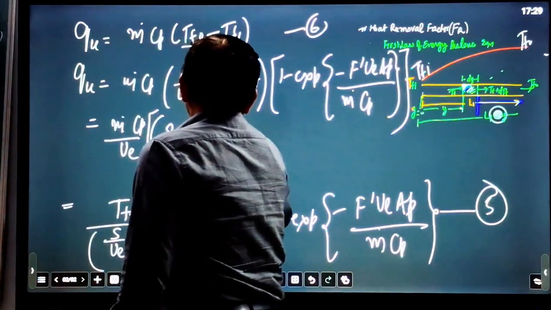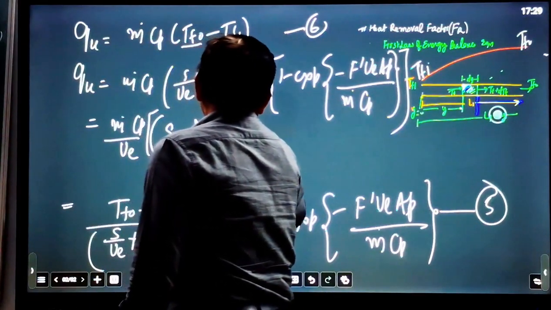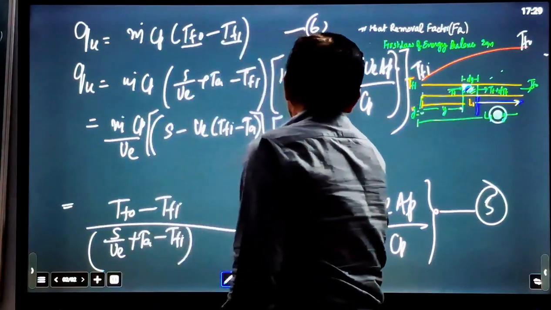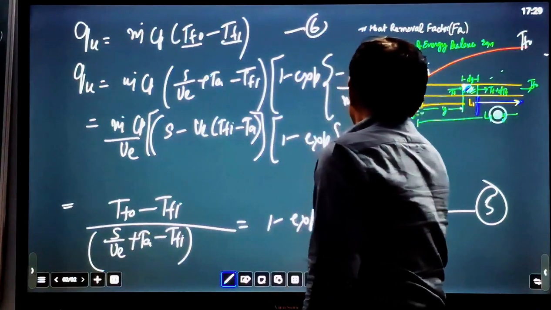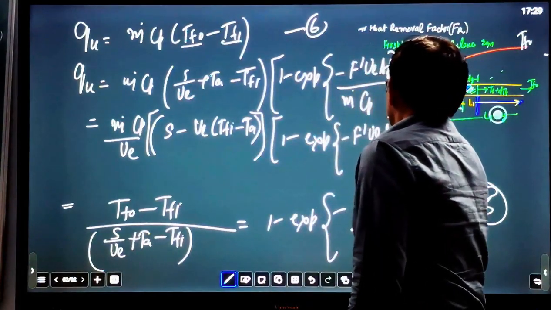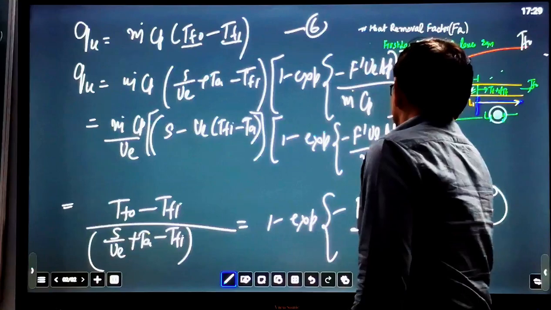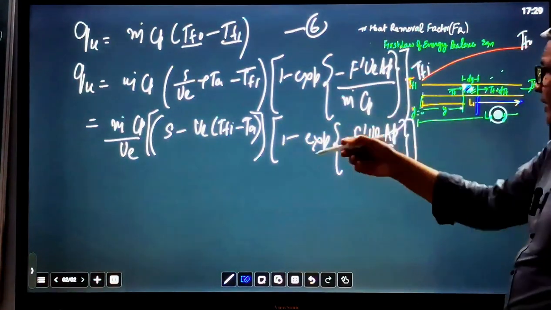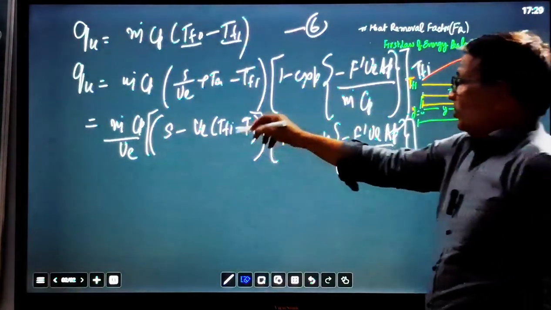an equation you will find here: S minus UL, TFI minus TA, bracket close, and 1 minus exponential minus F dash UL AP upon m dot Cp. The only thing we have to do is multiply the numerator and denominator by AP.